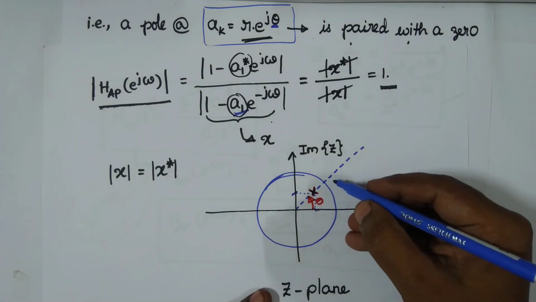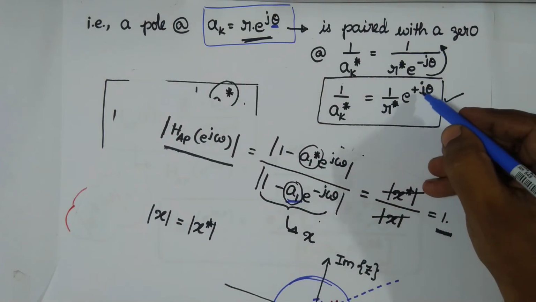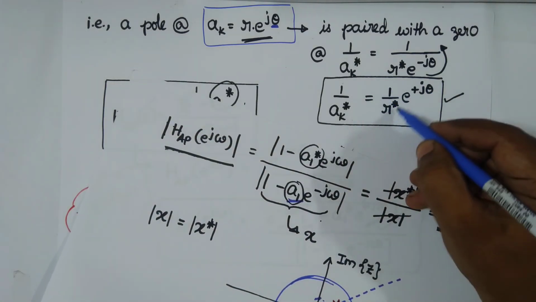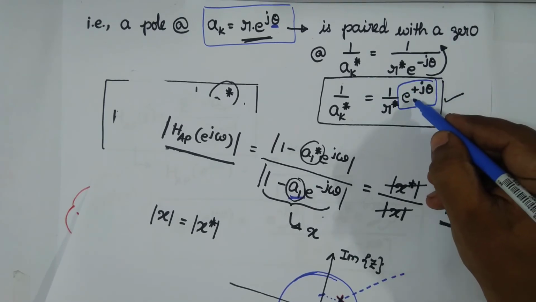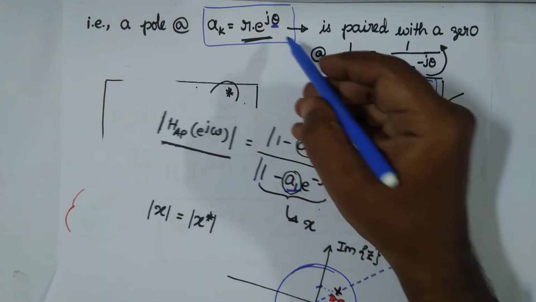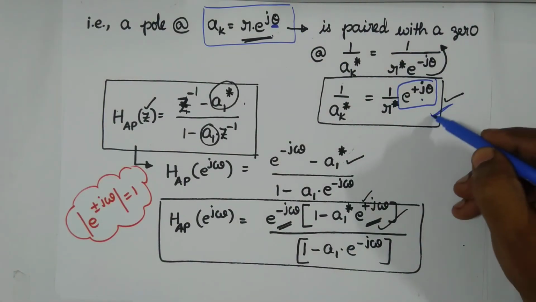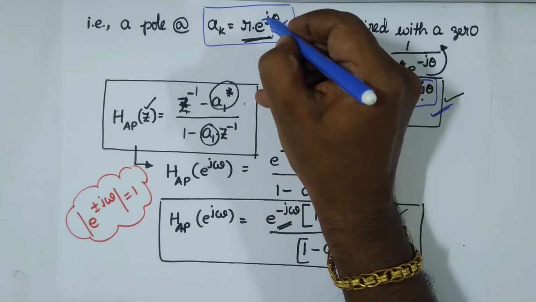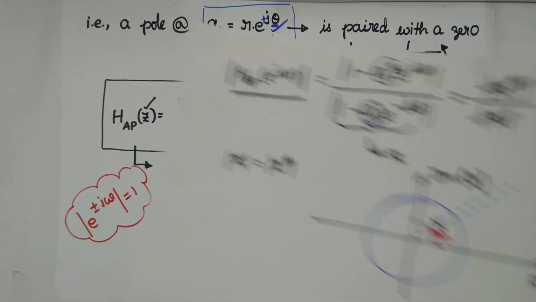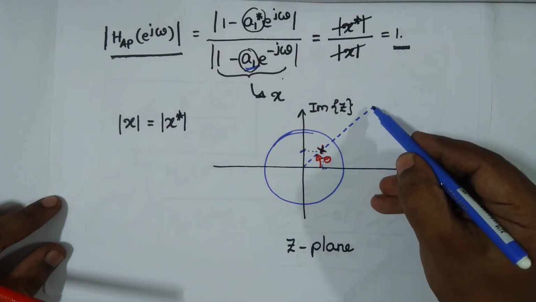Now 1 by a1 conjugate again we obtain, of course here we have 1 by r, but the phase in this case and the phase here are both the same. Yes or not? The phase for the zero and the phase for the pole are both the same, both positive. That means the zero must also lie along the same line.